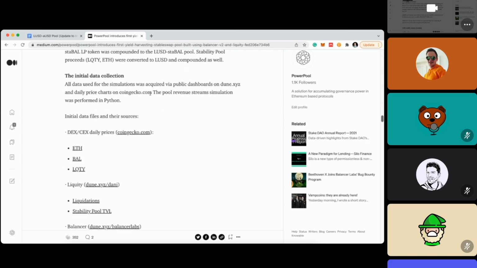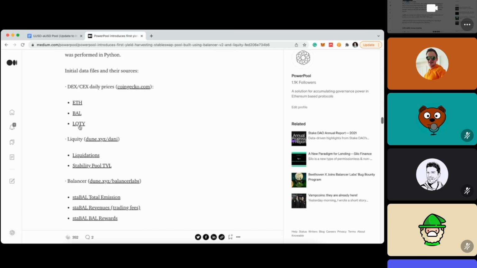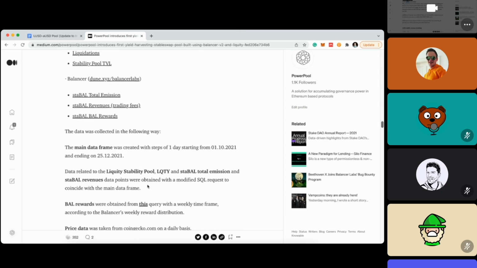We collected initial data from public dashboards, Dune Analytics, and other sources, and all files are inside this article. You can click and go to our GitHub and find all the data that we used.